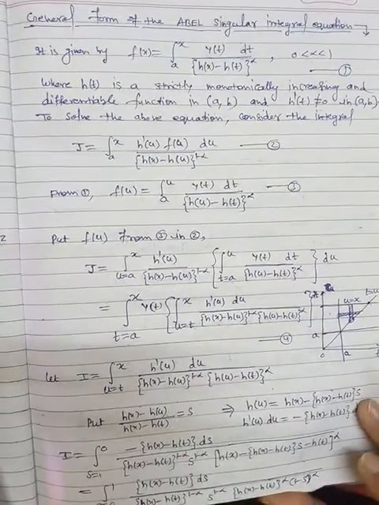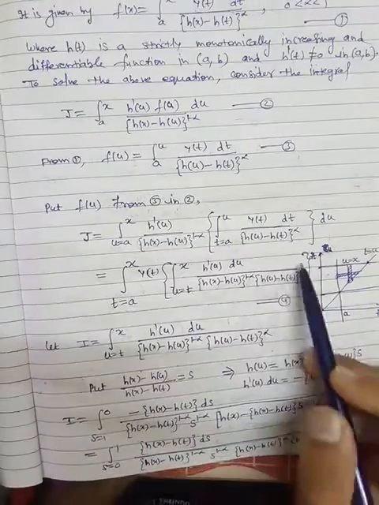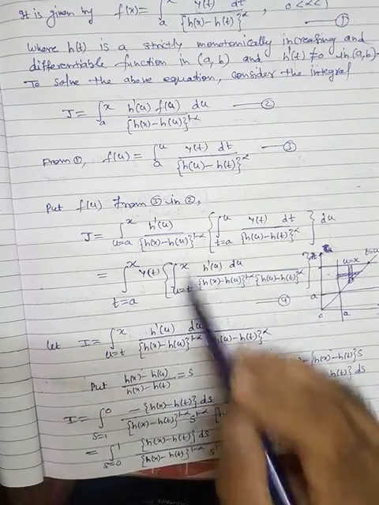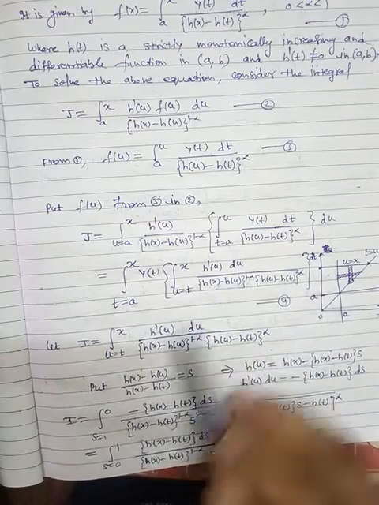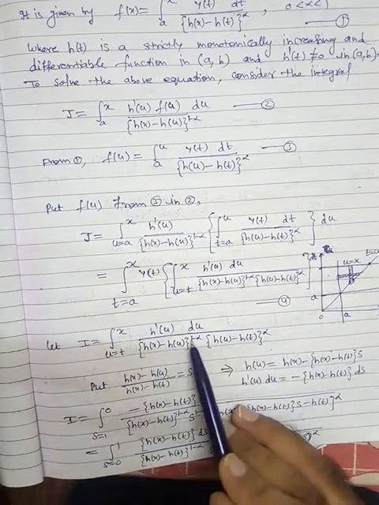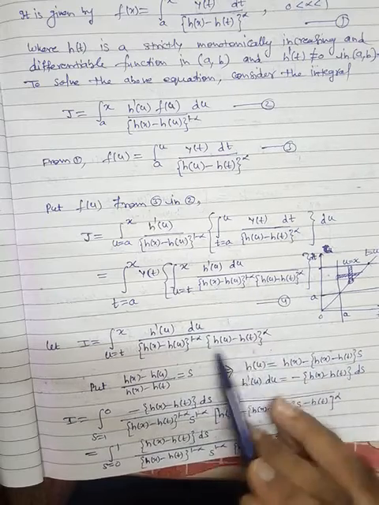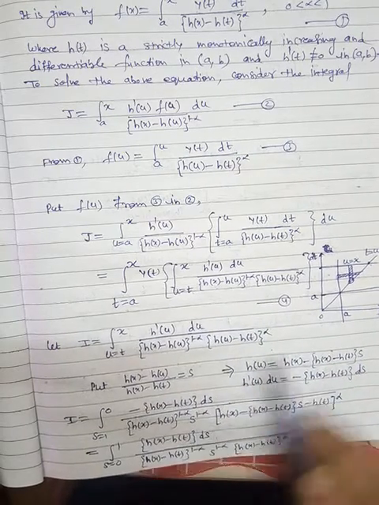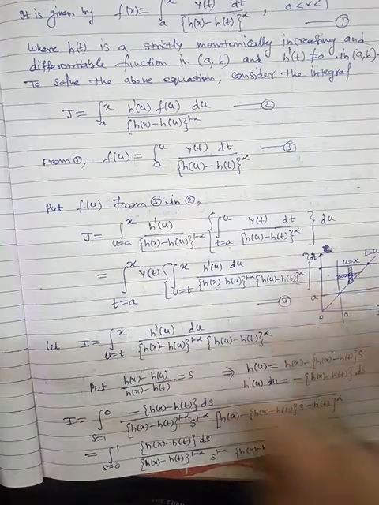Now we consider the inner integral as I equal to the integral from t to x of h'(u) du divided by (h(x) - h(u)) raised to the power 1 minus alpha and (h(u) - h(t)) raised to the power alpha. Now try to solve this integral and then finally substitute it here.